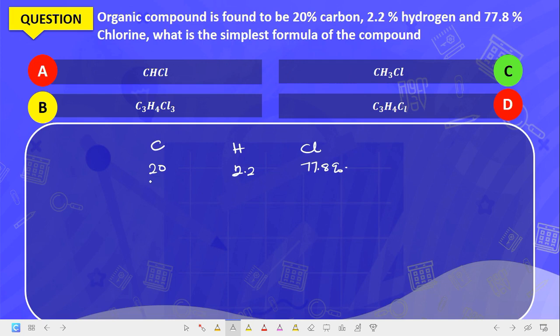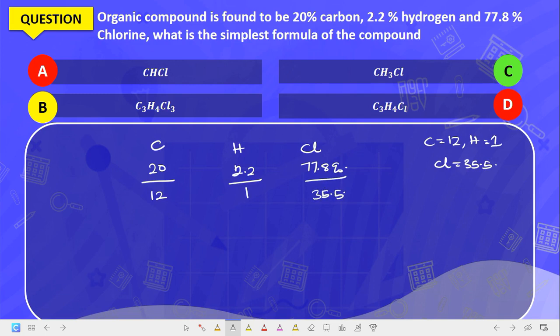First of all, you divide by the atomic masses. Atomic mass of carbon is 12, that of hydrogen is 1, and that of chlorine is what? 35.5. So this is 20 divided by 12, then hydrogen is 1, then chlorine is 35.5.